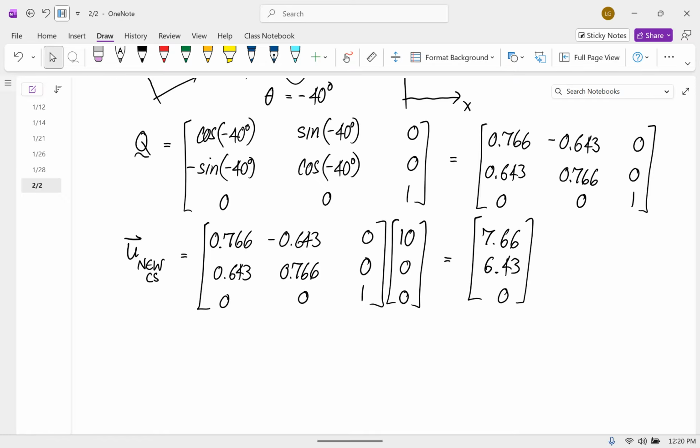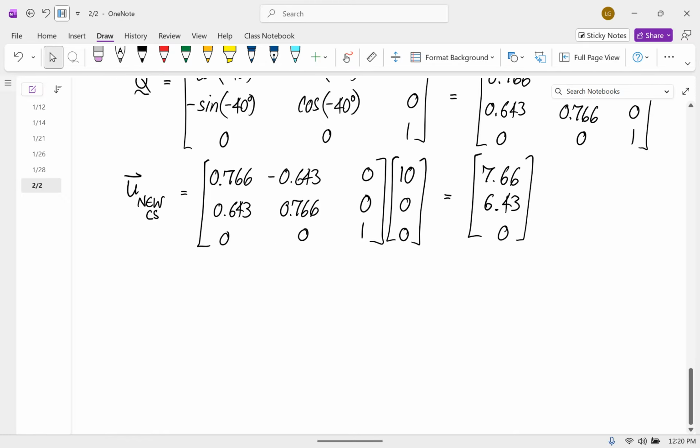Okay, so with a tensor, you can do the same thing with tensors.